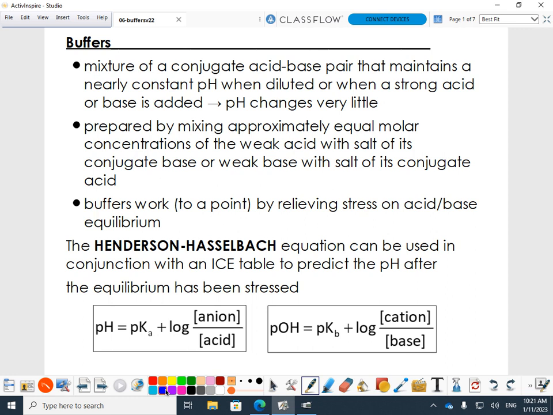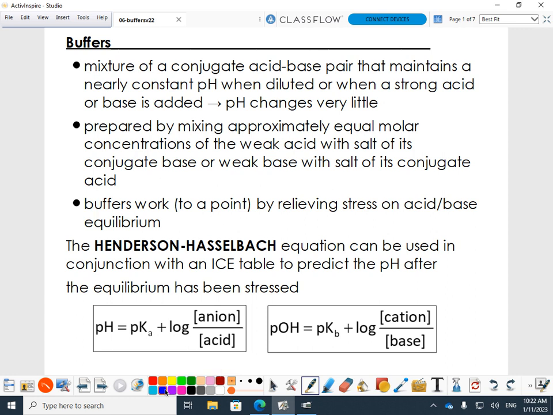You might have used the word buffer to describe somebody who helps to defuse a situation. They're sort of neutral. The same idea occurs with a buffer.